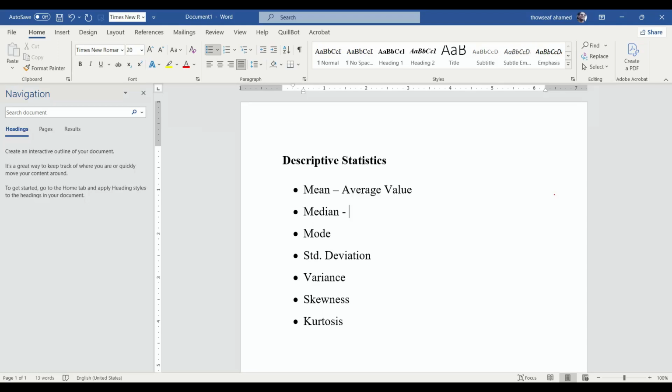Okay. So median is nothing but the middle value, and mode is the most repeated value. Standard deviation is how far the deviation is from the mean score, the deviation from the mean value.